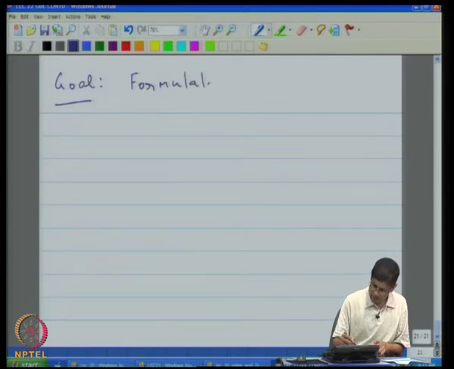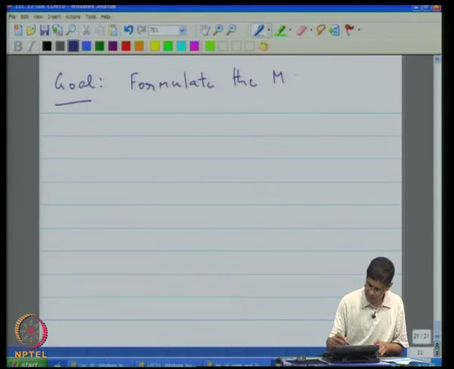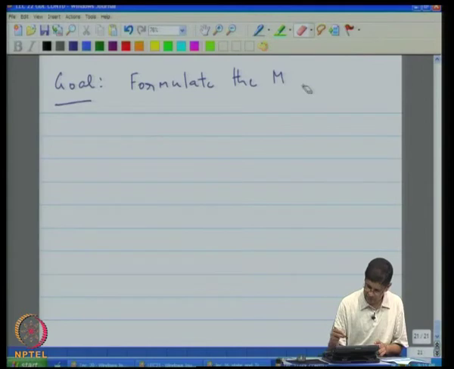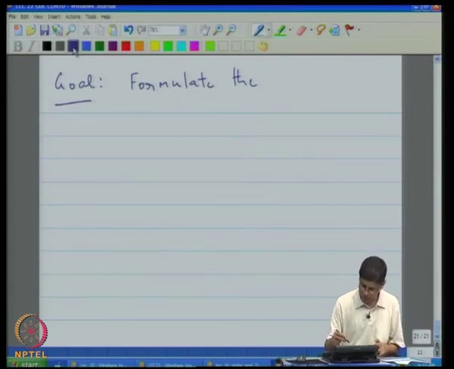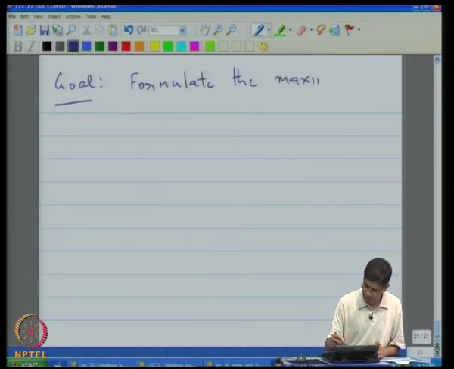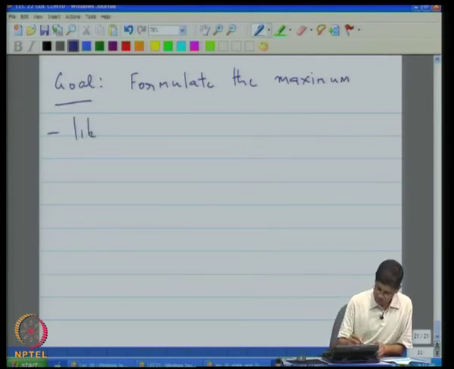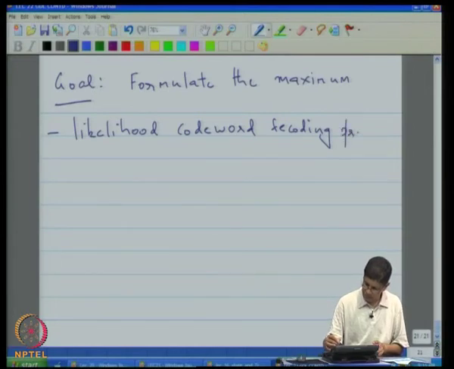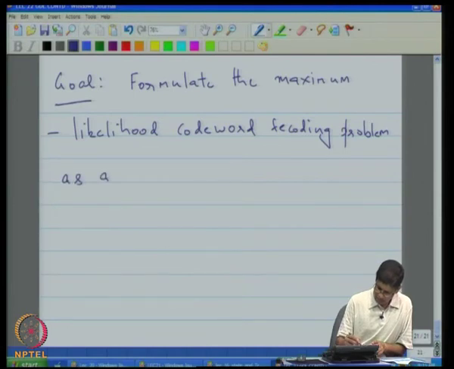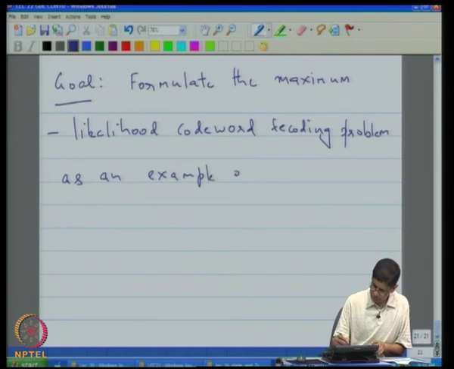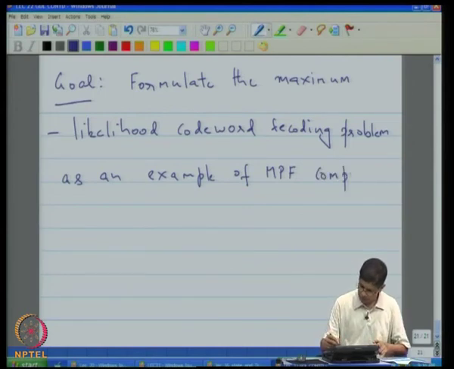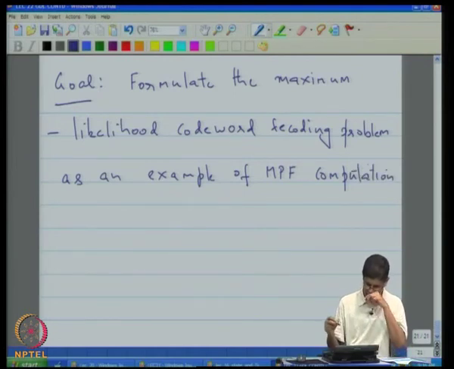Formulate the maximum likelihood code word decoding problem as an example of MPF computation.